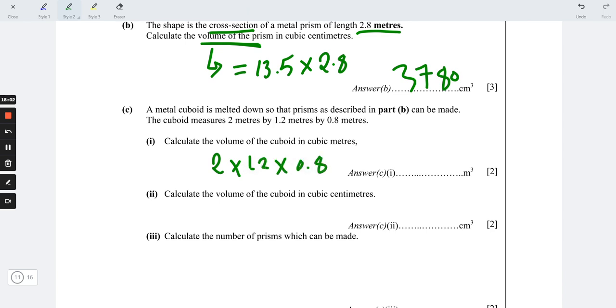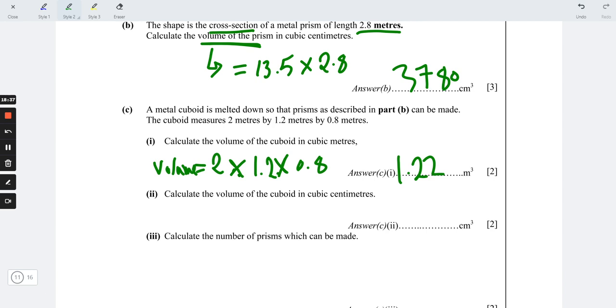It's important to mention that you are finding the volume, which equals 2 times 1.2 times 0.8. Using the calculator, it's 1.92 cubic meters.